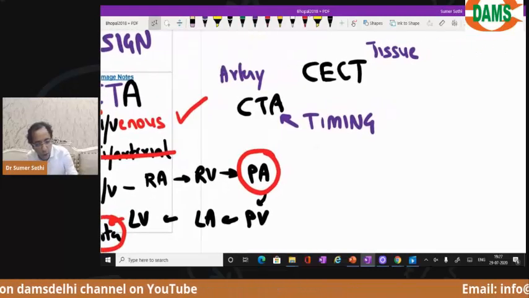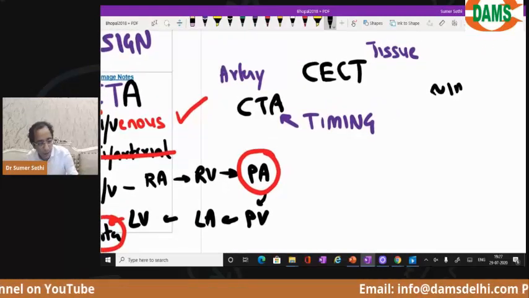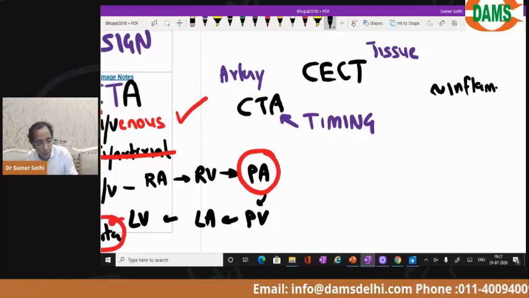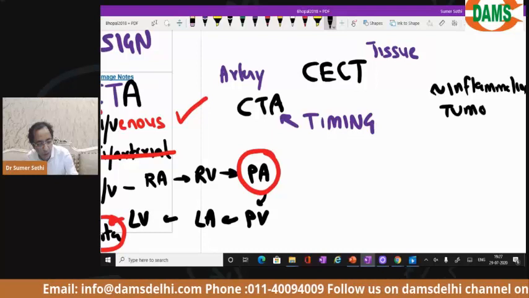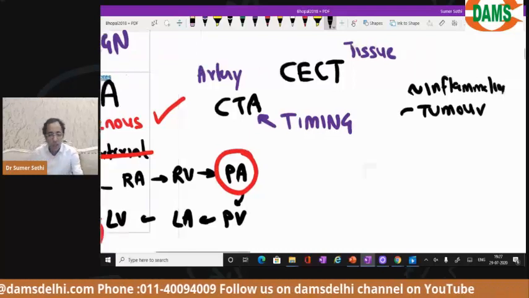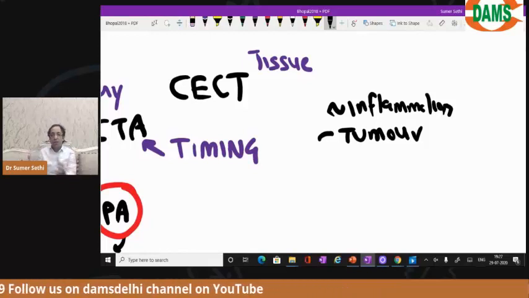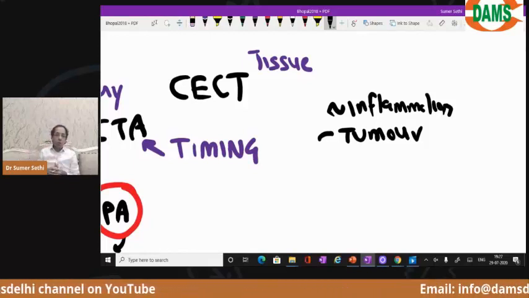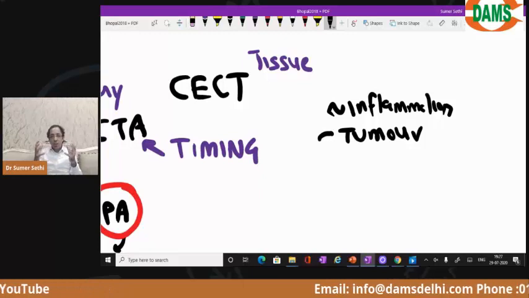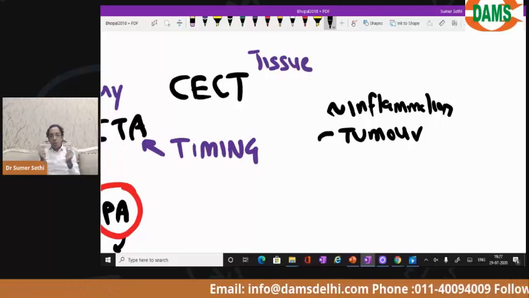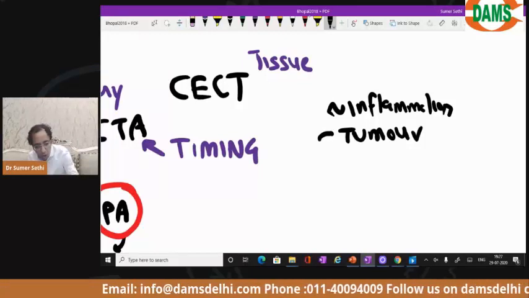Now, I am sure you can understand, if any tissue is inflamed, or if you have a tumor anywhere, if you have inflammation anywhere, you will be having hyperemia, increased blood flow. If you have a tumor also, you will have angiogenesis, new blood vessel formation. So CCT is looking at tissue.